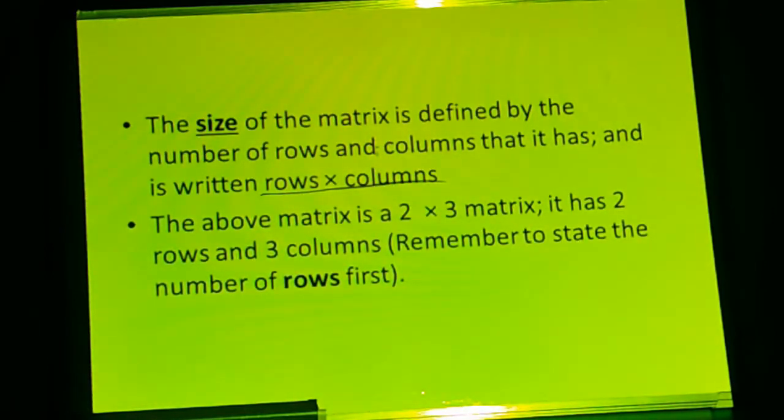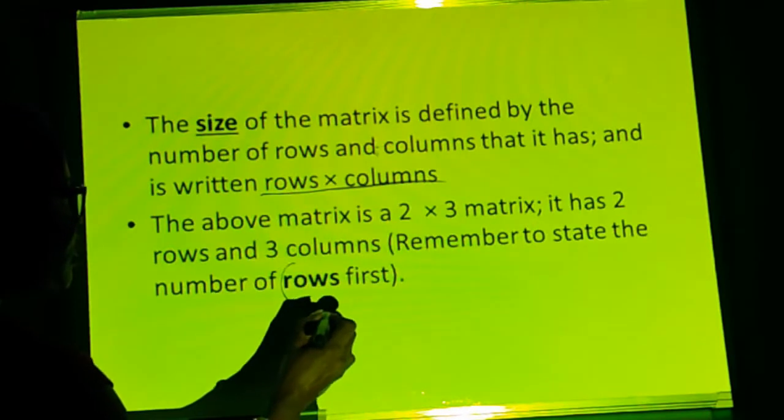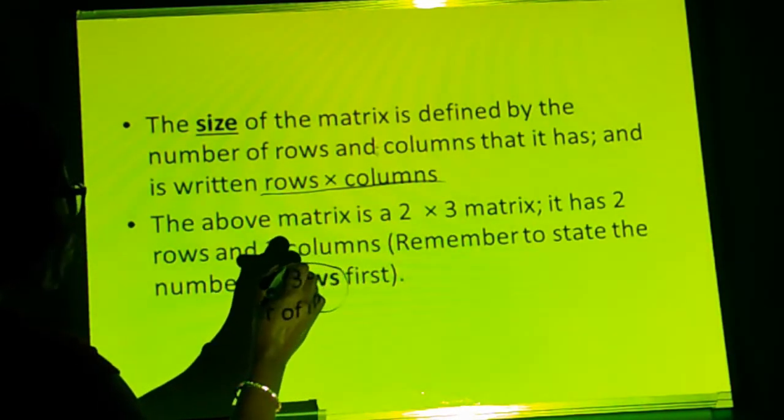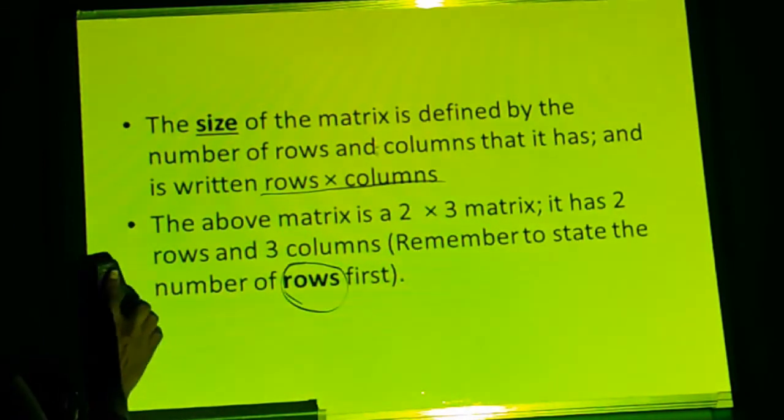You notice how many times I am saying this? Because if you lose this, then wow, you're going to be in big trouble. That's the secret in getting the matrix answers correct. Okay, moving on.